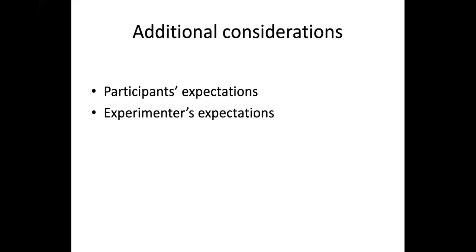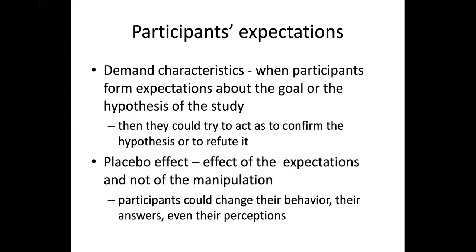And when conducting experiments, there are also additional considerations. We should take into account the participants' expectations and also the experimenter expectations. Participants' expectations about the study usually are defined in two groups that have an effect on the results of the experiment.